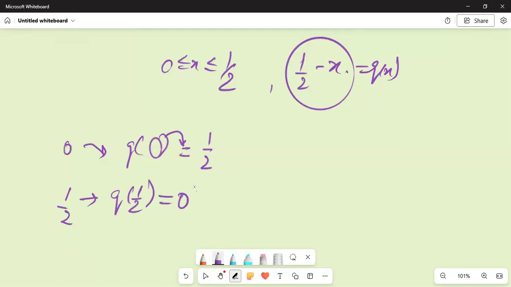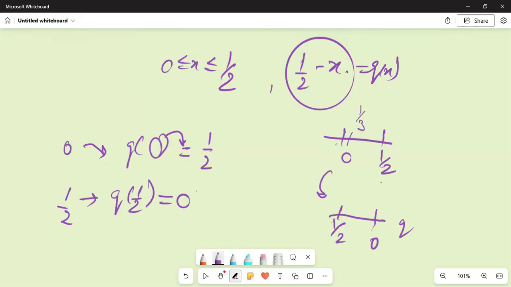Where is half going? This is 0. So that means 0, half. And when you plot it using Q, 0 becomes half and half becomes 0. You can see easily, 0 becomes half and half becomes 0. And for all the points between 0 and half, this is happening.